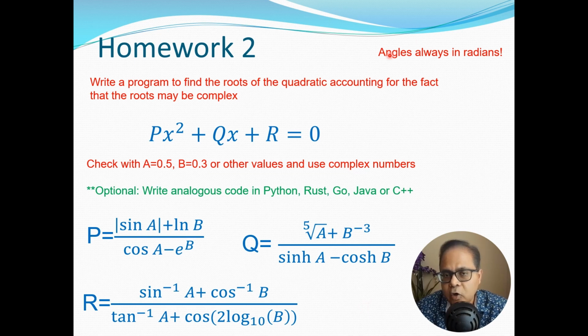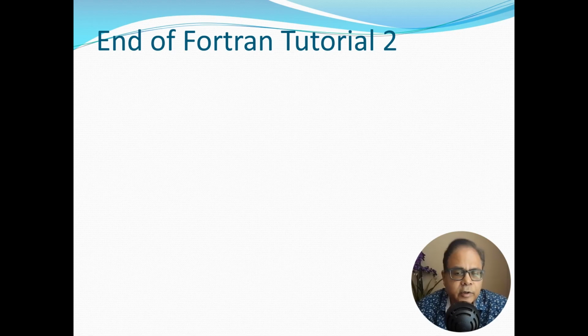One thing I didn't mention today is that all the angles here, for example whatever is A here, are in radians. So if you are given any angle in degrees, then of course you have to convert that to radians to solve any problem. So that was tutorial 2 for today.